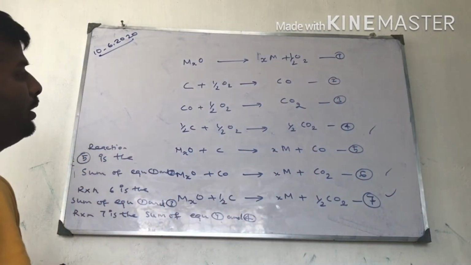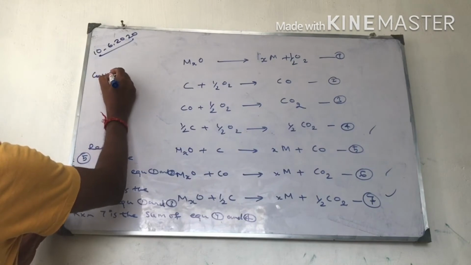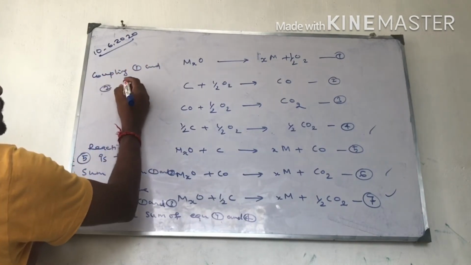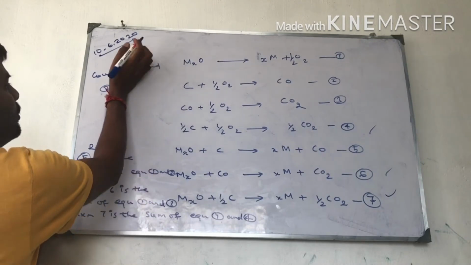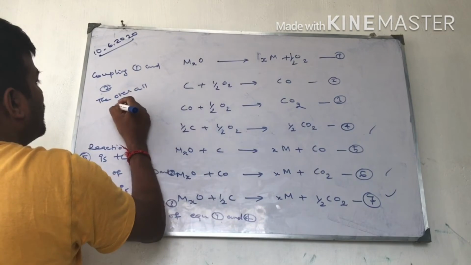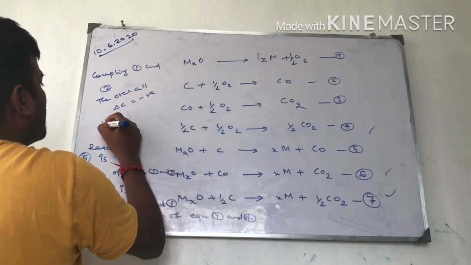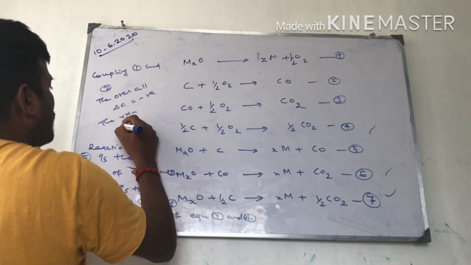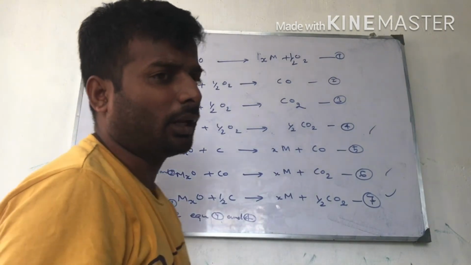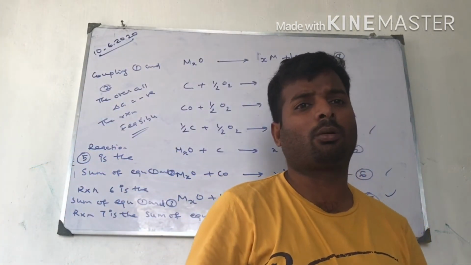Now I am going to tell about coupling of reactions. Coupling of 1 and 2 gives an overall delta G that is negative, which means the reaction is feasible. Temperature also plays a very important role.